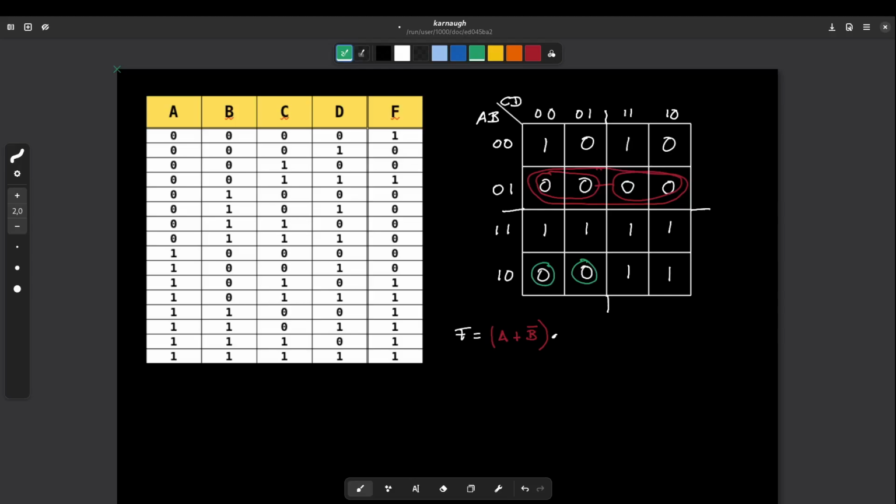Only one variable changes between these two terms, which is D. So if I group these two together, I get A negated, which doesn't change between these two terms, or B or C, which is the other variable that doesn't change between these two terms, okay?